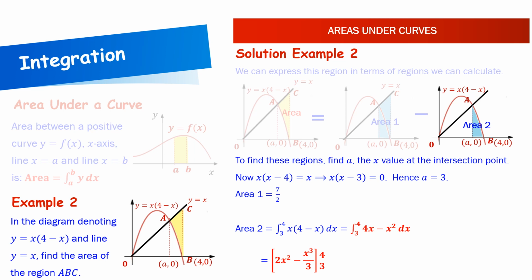Integrating term by term gives us that 4x integrated is 2x squared, and minus x squared integrated is minus x cubed over 3.